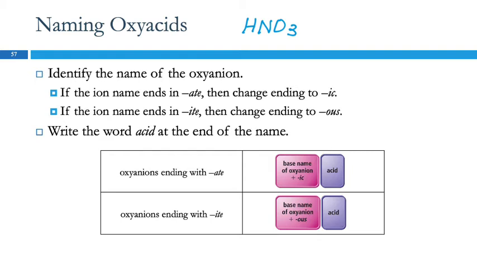When you put this acid into water, it forms hydrogen ions and nitrate ions. So the name is going to be based on the name of the anion. So nitrate, we take the ate ending and change it to ic and put on the word acid. And if it was nitrite, then we'd change it to us. So this is nitric acid.